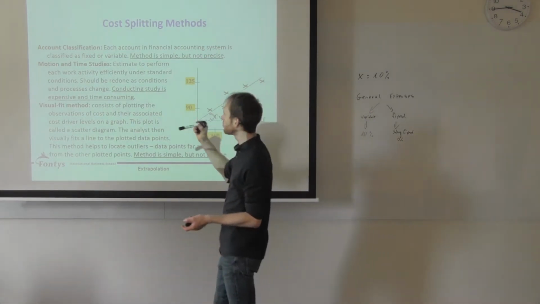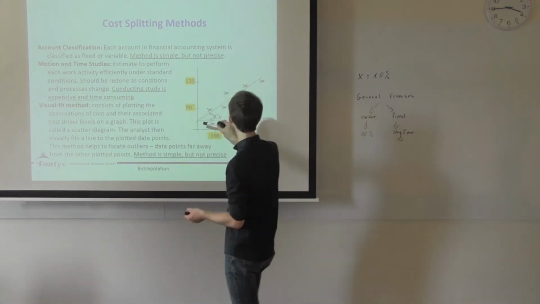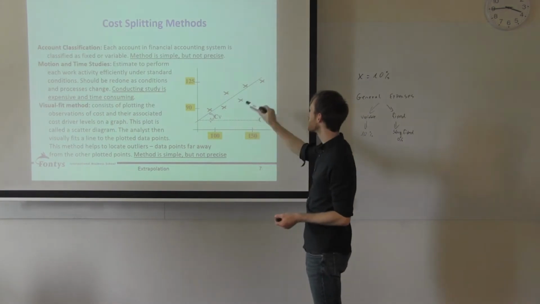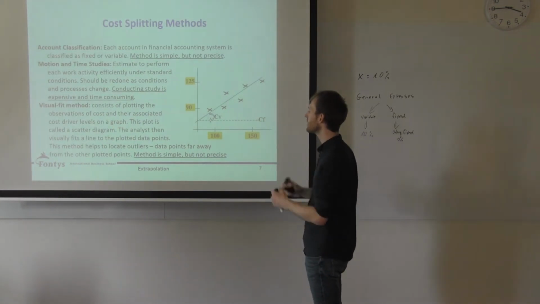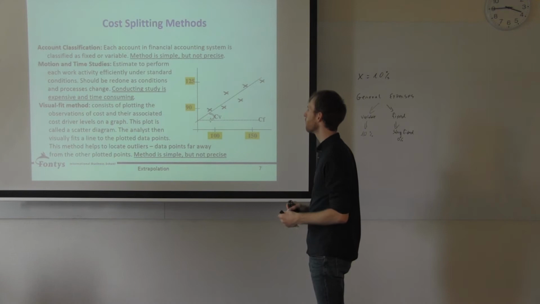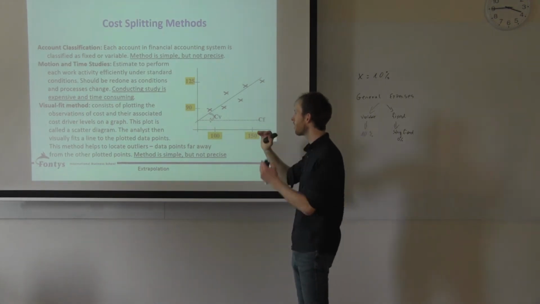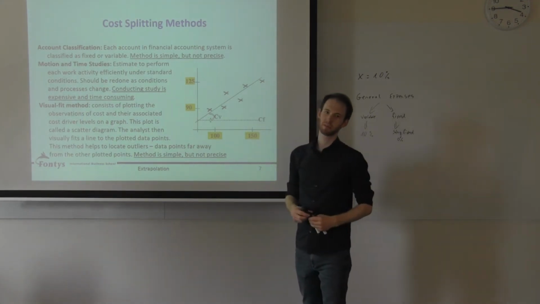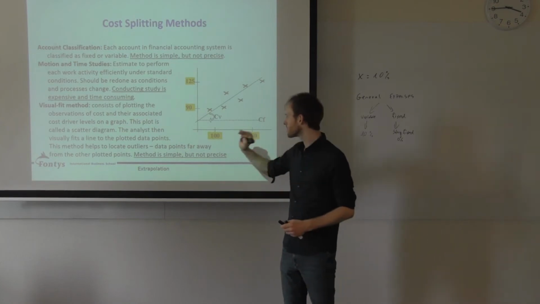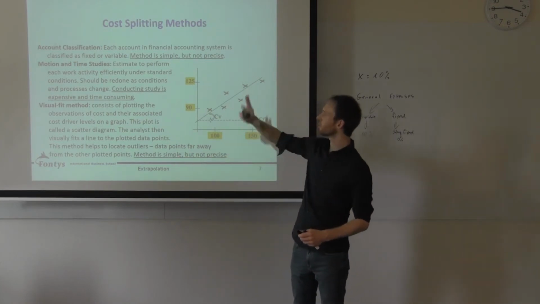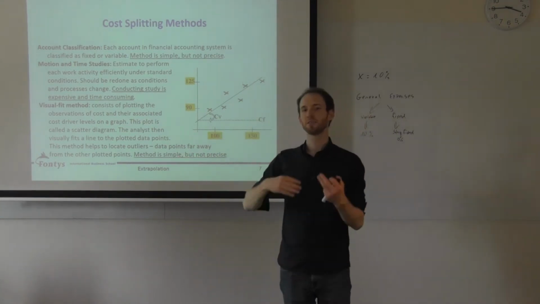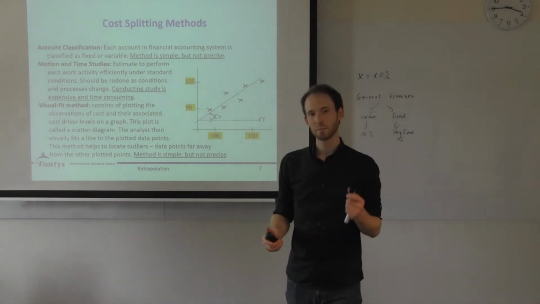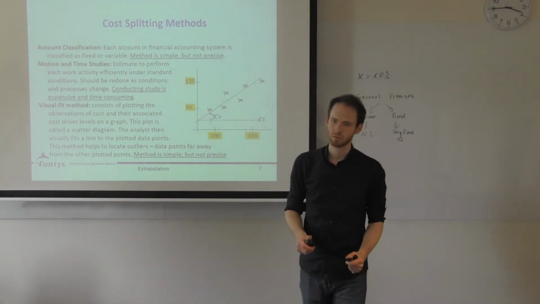And finally, a visual fit method, simply putting the data on a line and then trying to visually see how far the points are apart and what the variable and fixed costs are. Well, this is also simple, but also not precise. So you can forget about the first three. It's simply to let you know they are there. But now we get to those that we can actually use.